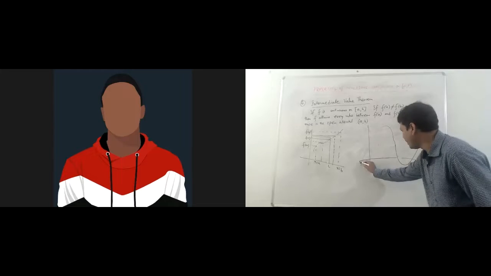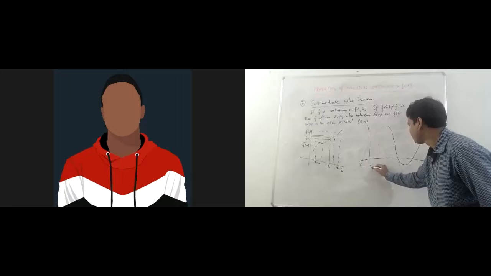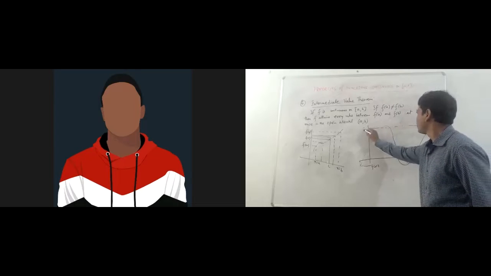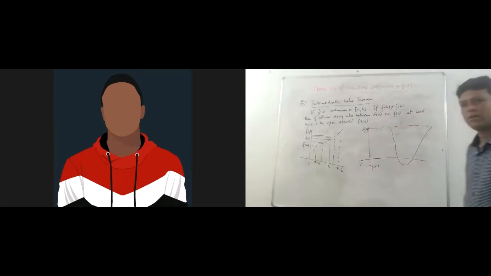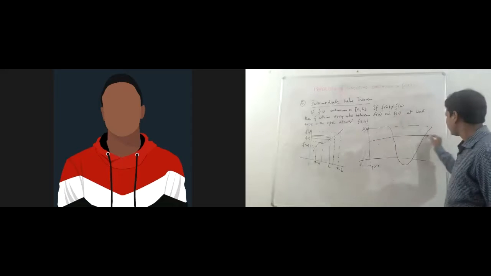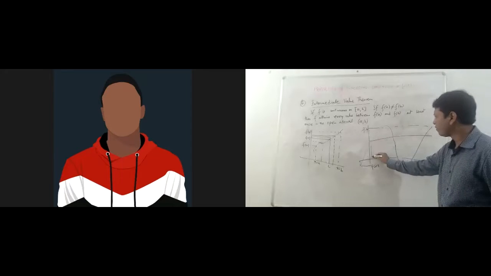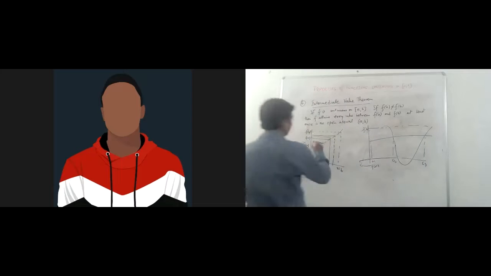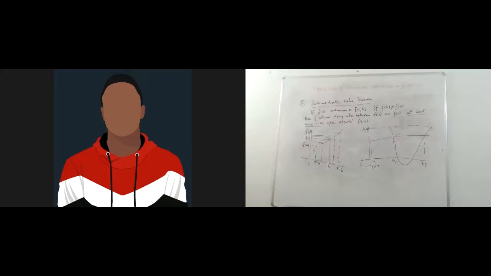This is your a, f(a), and this is your b. If you draw any line, 3 points you have: c1, c2, c3. That is why the term is 'at least once'; it can be more.